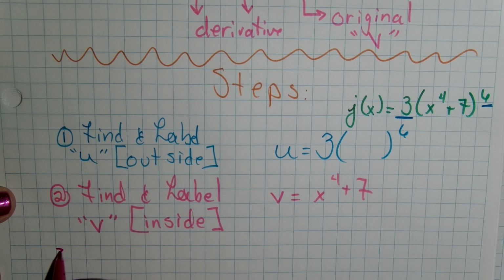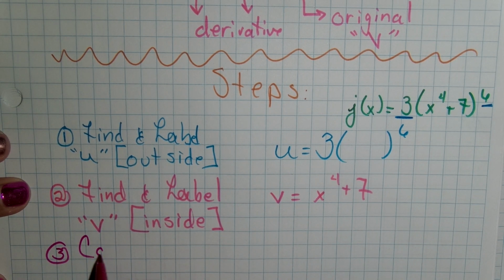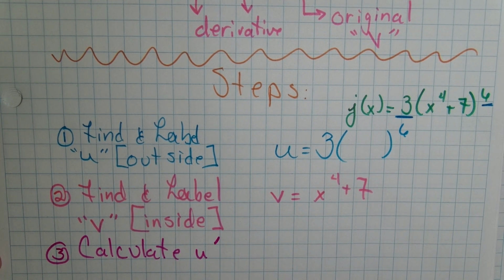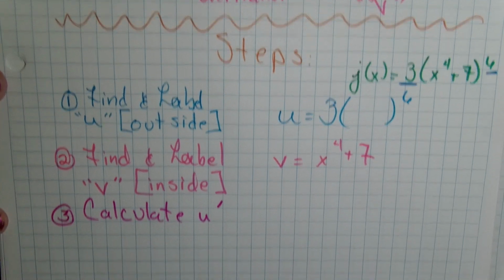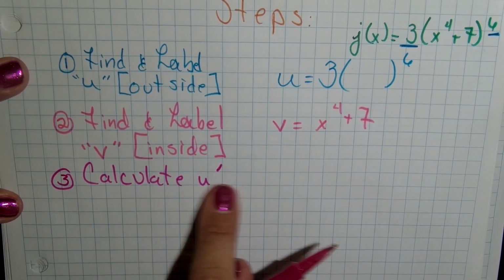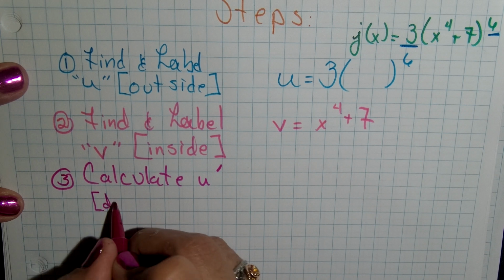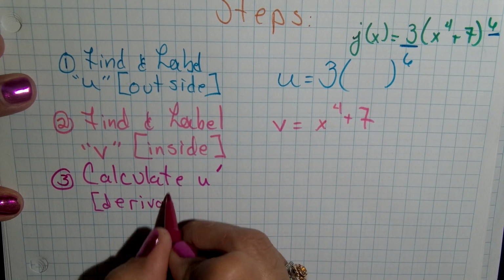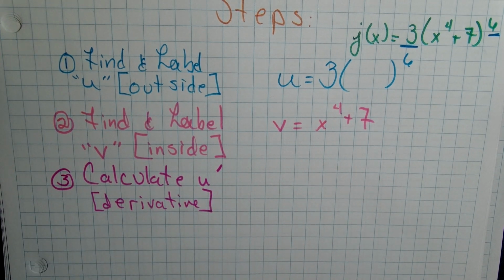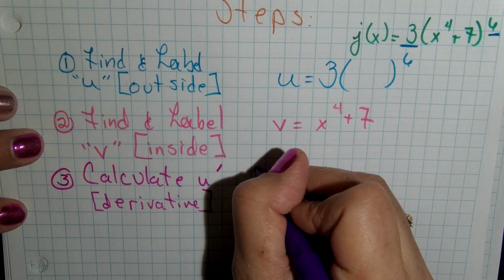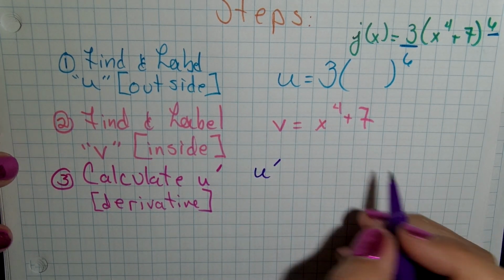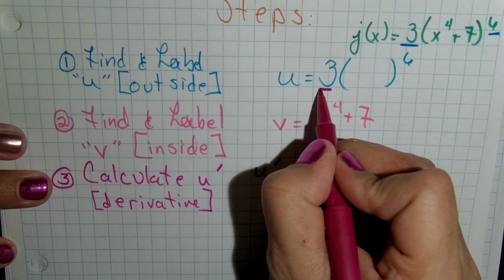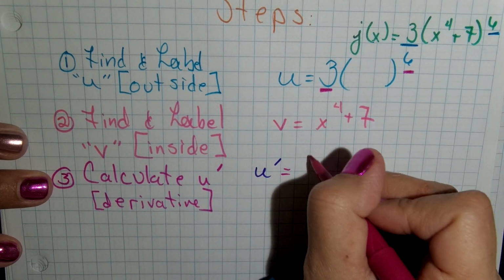All right, step 3 is to calculate u prime. Remember, this means that we are using the power rule to find the derivative. So I have u prime. I'm going to use my power rule. The power rule says that I can take my coefficient and my exponent, and what do I do to them?